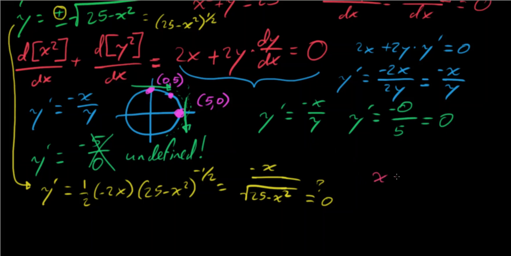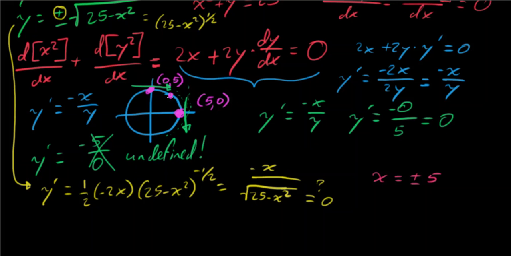Well, that's when x is equal to plus or minus 5 again. So the slope is undefined when x is plus or minus 5, which makes sense in either form. Okay, so there we go. We found the slopes at those 2 points. This one, nice and easy, just plug and chug. This one, a little bit more work, a little bit more computation involved, but not too crazy.